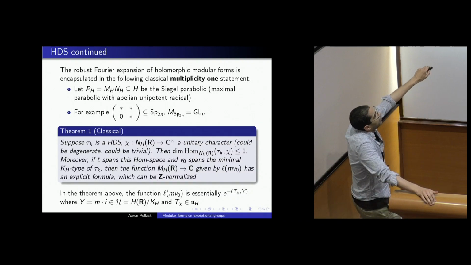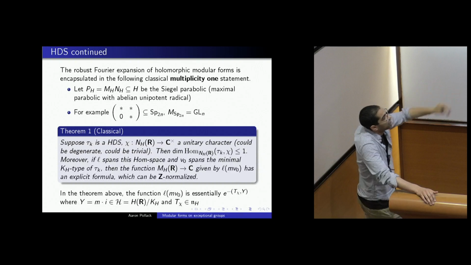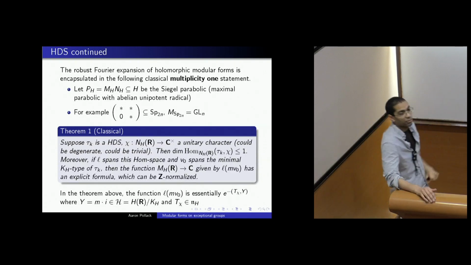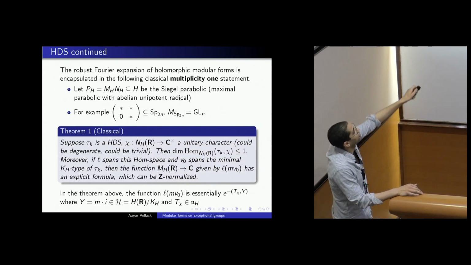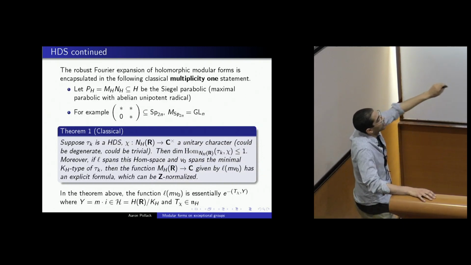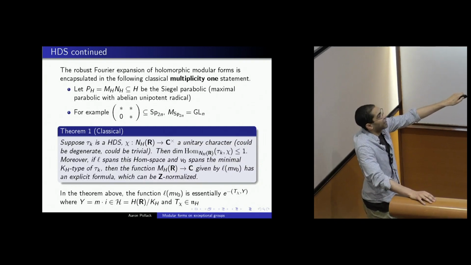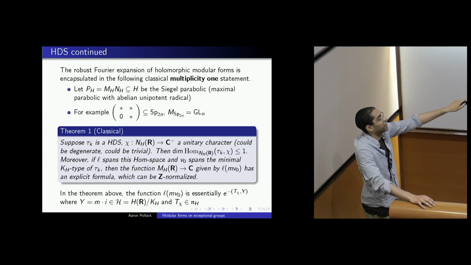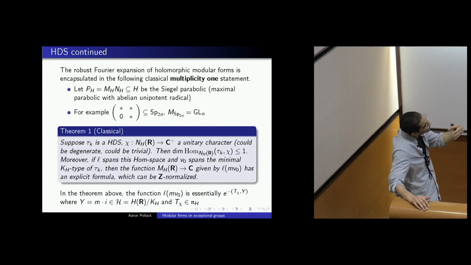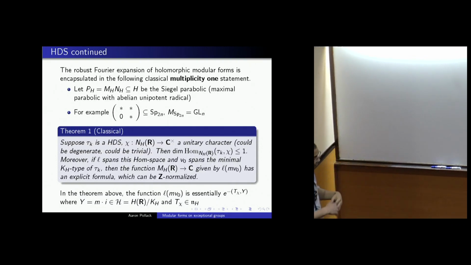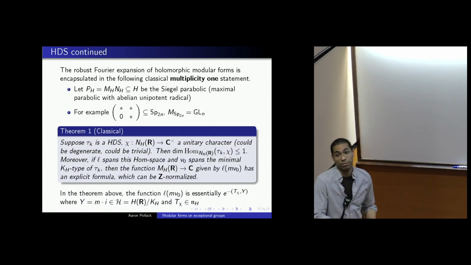Moreover, if you take a functional L that spans this Hom space, and you take a vector v0 spanning the one-dimensional minimal K-type of this holomorphic discrete series representation tau k, then you can consider this function on the Levi of the Siegel parabolic, given by acting on this vector spanning the minimal K-type, and then putting that into the functional L. That gives you some function on the Levi, and it turns out you can write that function very explicitly.